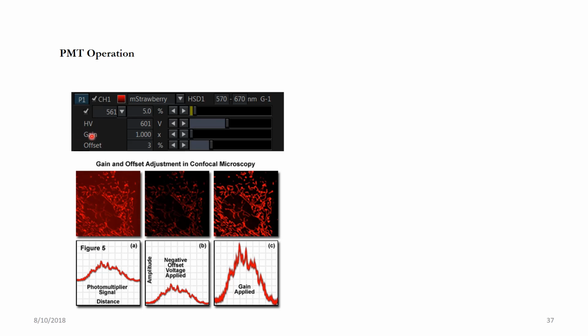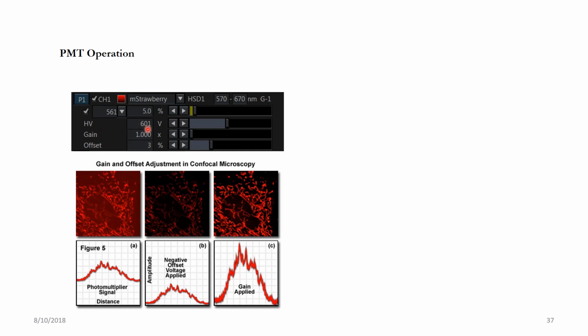Simple gain is going to multiply by a factor, whatever you see here, meaning whatever number is here it is going to multiply twice or thrice or whatever. So it is going to multiply both signal as well as noise in the same way. Hence overall signal to noise is not going to change, but the image might look brighter. On the other hand, HV is going to be an electron multiplying gain. How does that help?